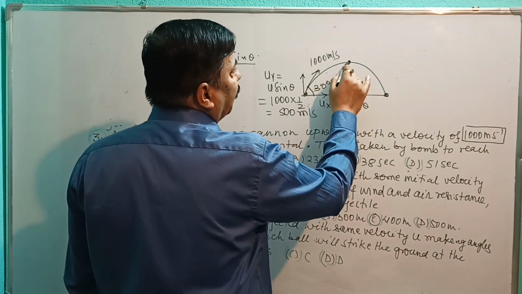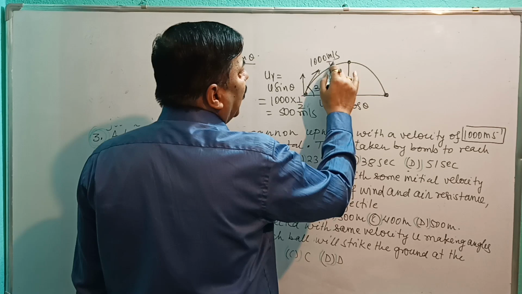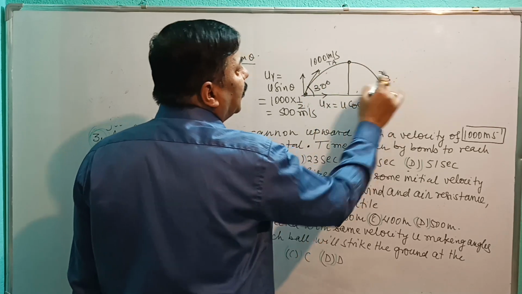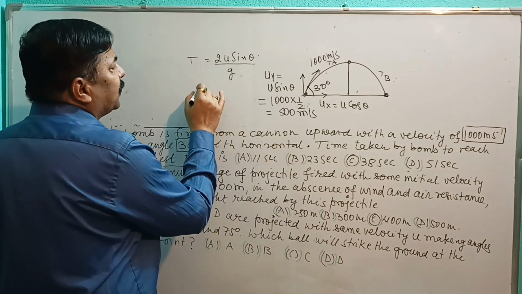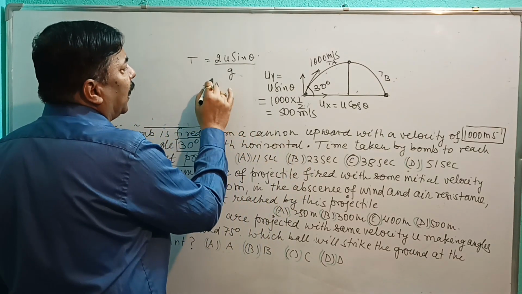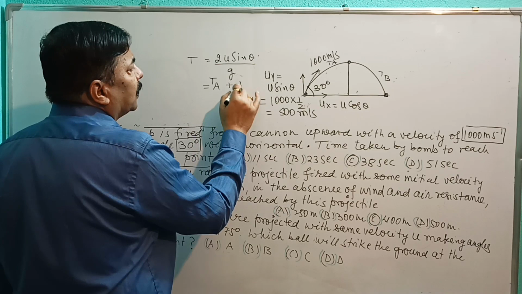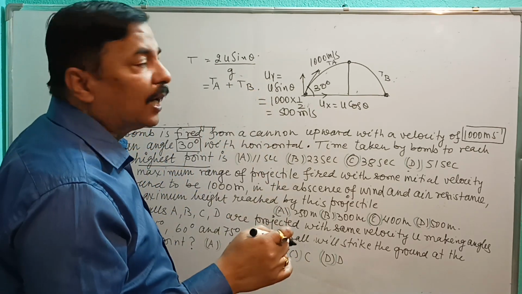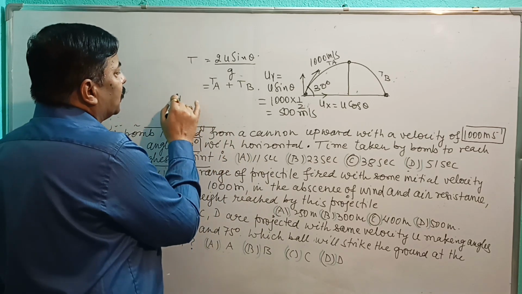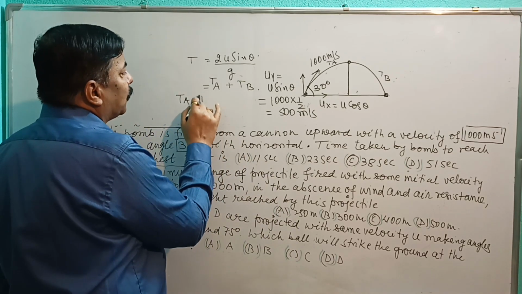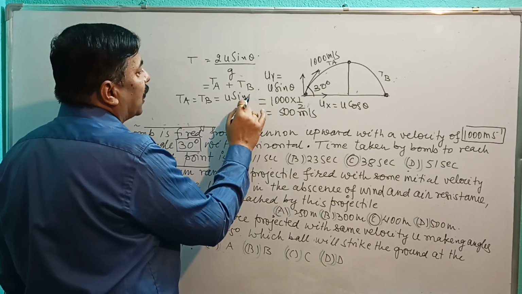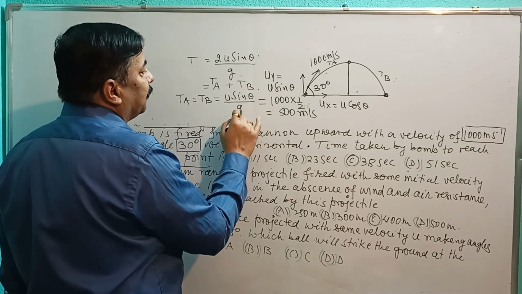One is time of ascent, Ta, and one is time of descent, Tb. So this is your Ta plus Tb, and time of ascent and time of descent are equal. So Ta must be equal to Tb, and this should be equal to u sin theta by g.